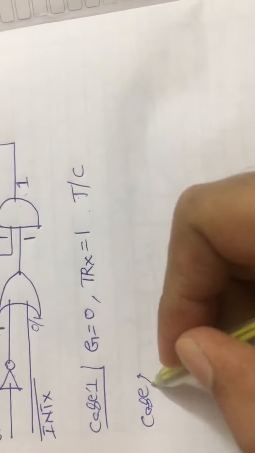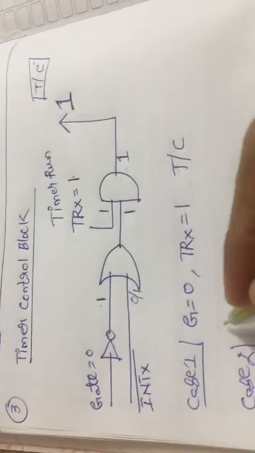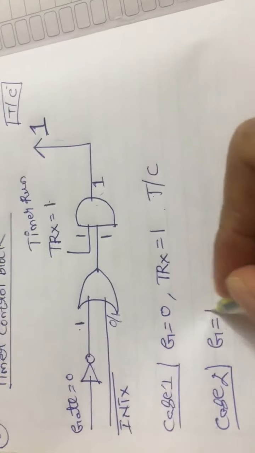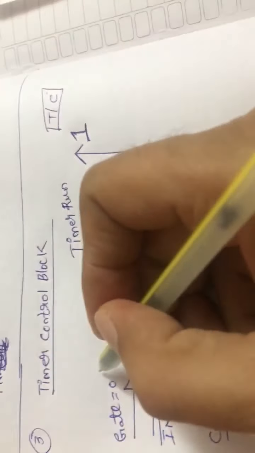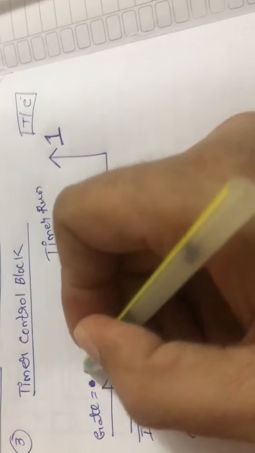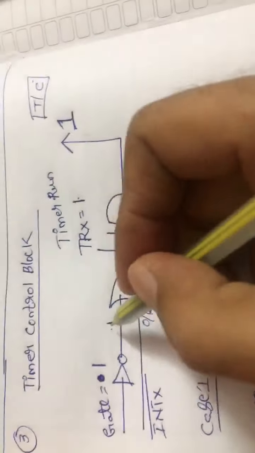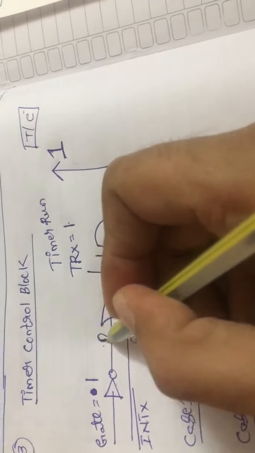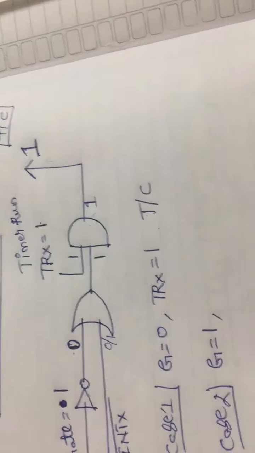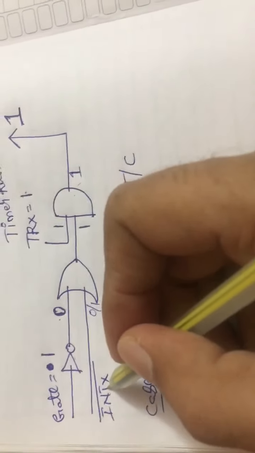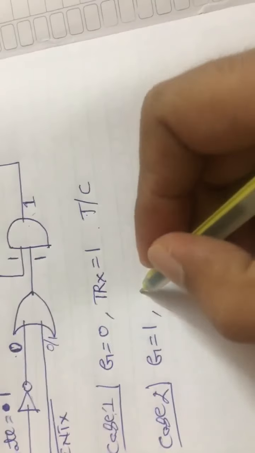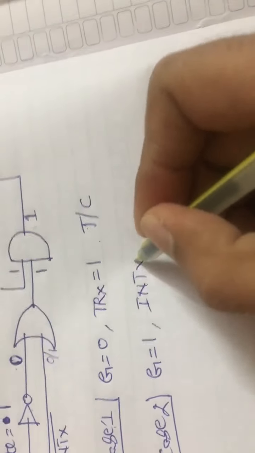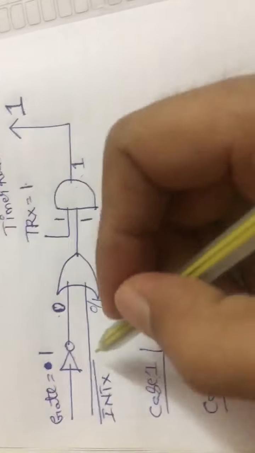Okay. And in case 2, what happens if I make GATE equal to 1? The output of the NOT gate will automatically be equal to 0, right? And here we have to concentrate on this INTX bar.